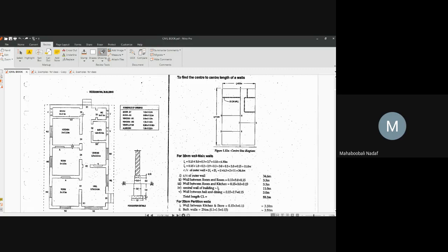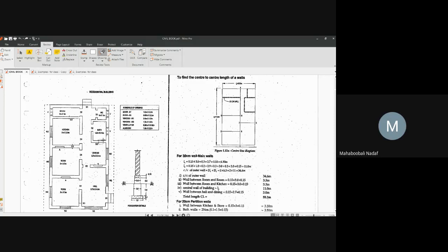3.3/2, 0.3/2, 3.3 sir. Plus 1.3/2 plus 0.2/2, 1.25. Add that to it. Next plus 1.5. 0.2/2 plus 0.3/2, 1.75.